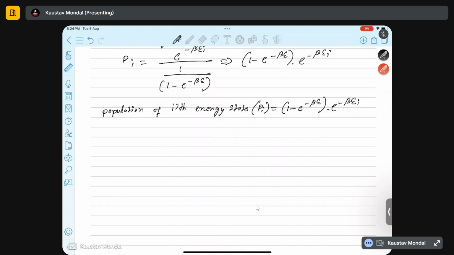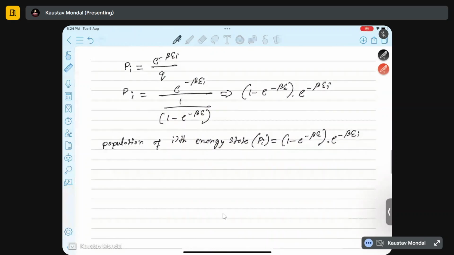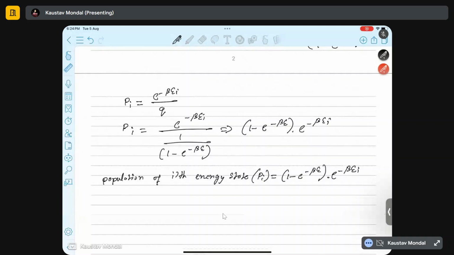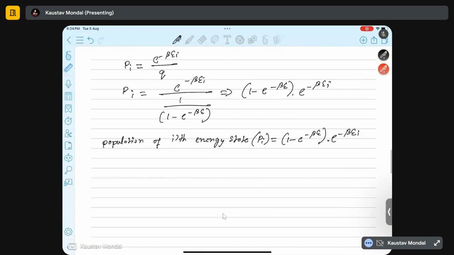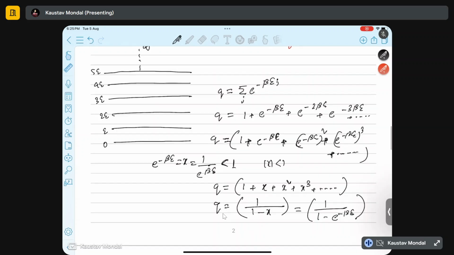So this would be our population of the ith energy state. This is a very important formula.